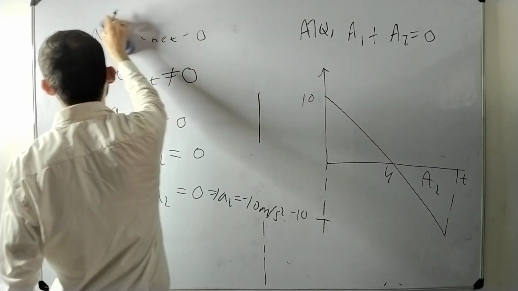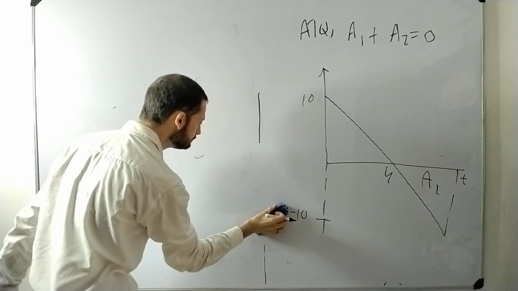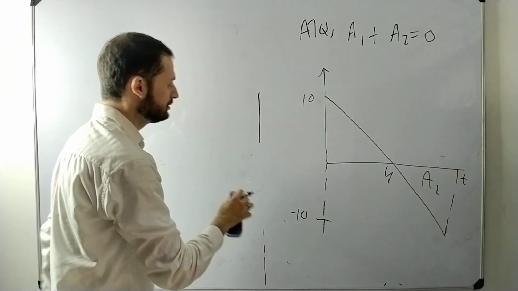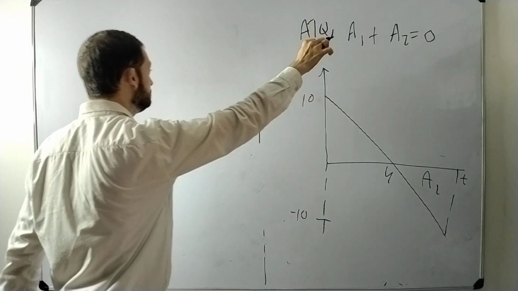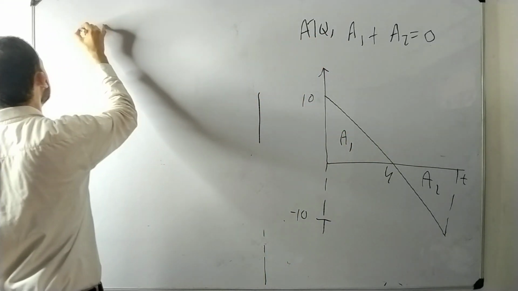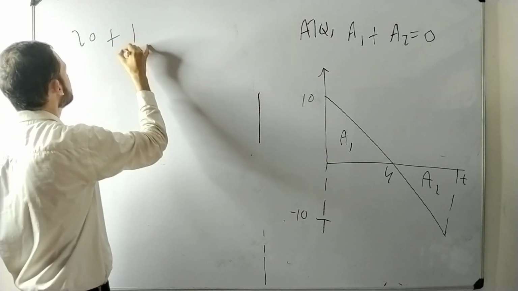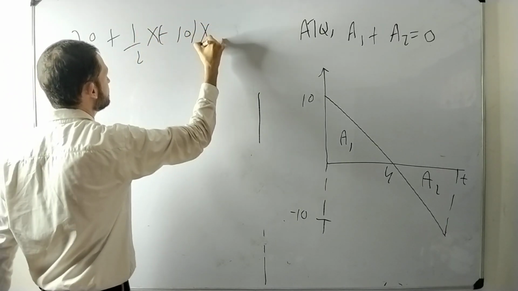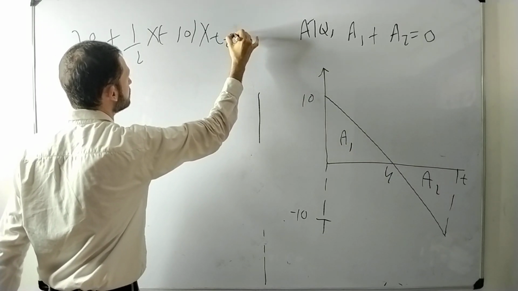Next part, A2 is coming out to be minus 10. Then A1 plus A2 should give this, which is 20. This is the area of the triangle. This is half, this is minus 10. Right, students? And this is T2, and this should be equal to 0.